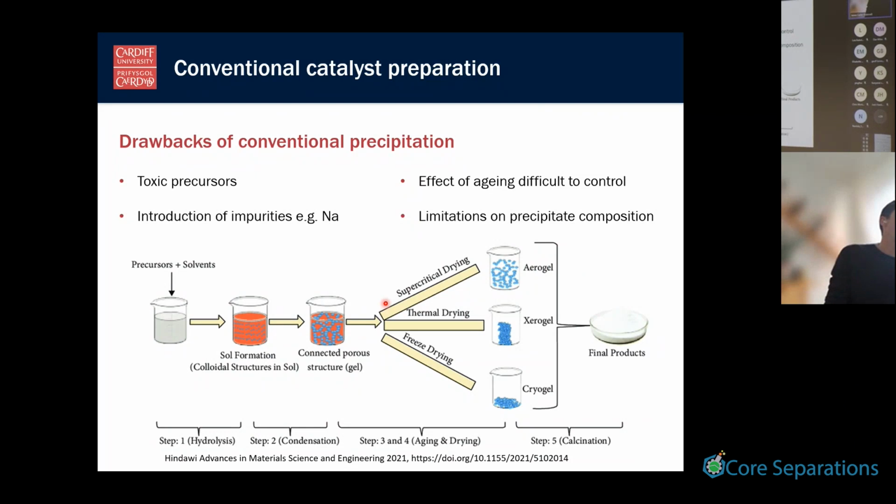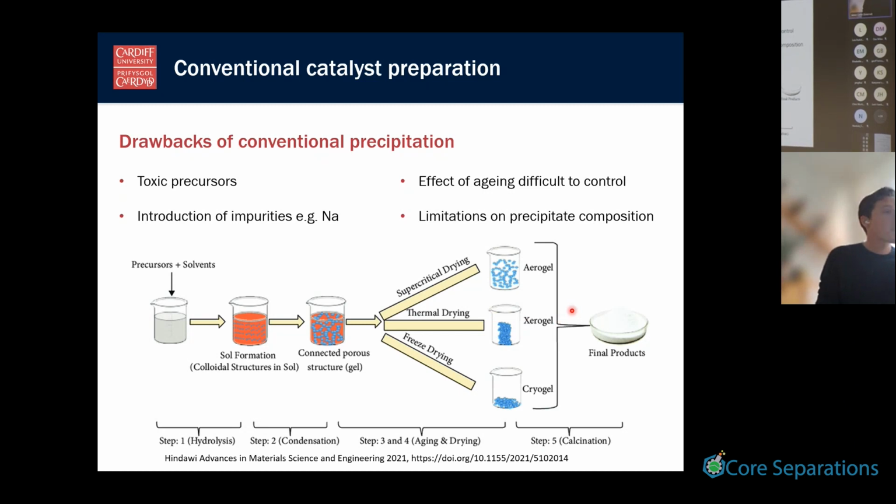So one important aspect is the drying, and you can see this branch includes a supercritical drying stage. So we can use supercritical CO2 to dry our materials, and that retains the porous structure much more efficiently. I'm not going to talk about that today, but that is another whole aspect of catalyst preparation and materials preparation, which I think we've touched on already today.